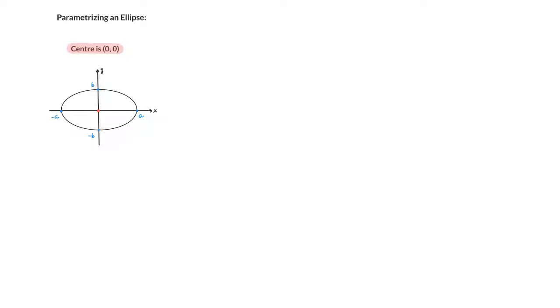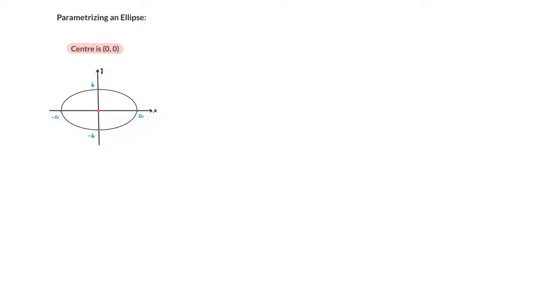Now we're going to go ahead and figure out how to parametrize an ellipse. Here, we're going to start with an ellipse whose center is the origin. You can see it right here. That means that the x-intercepts are at negative a comma 0, a comma 0, and then the y-intercepts at 0 comma b and 0 comma negative b.